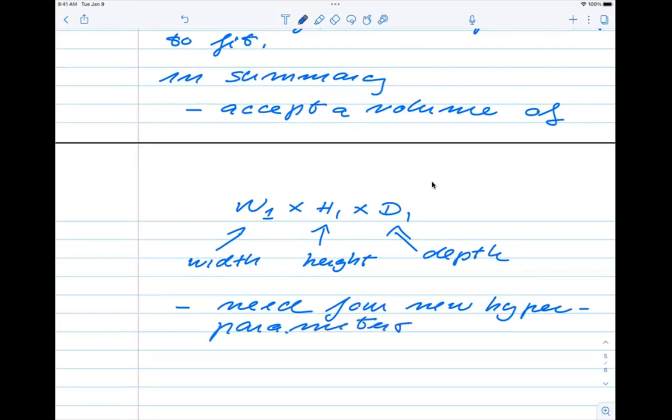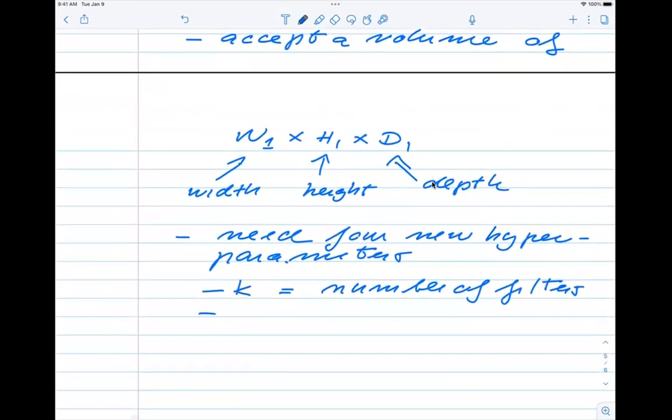And these parameters are K, which is the number of filters. And then you have F, which is their spatial extent.